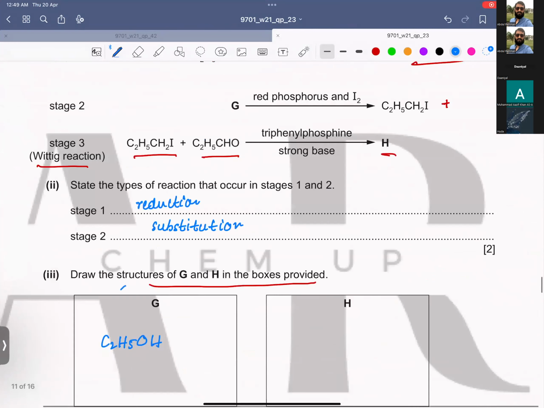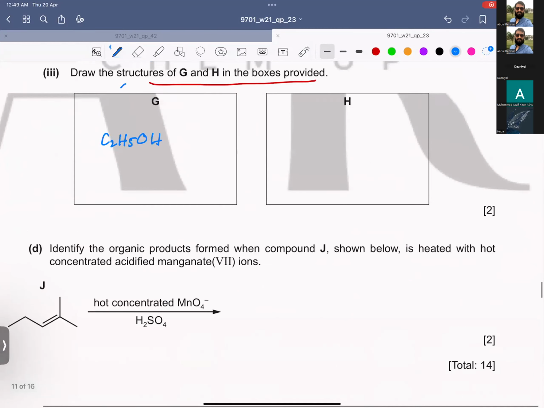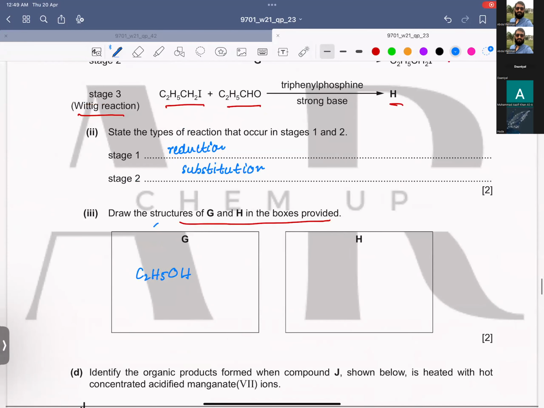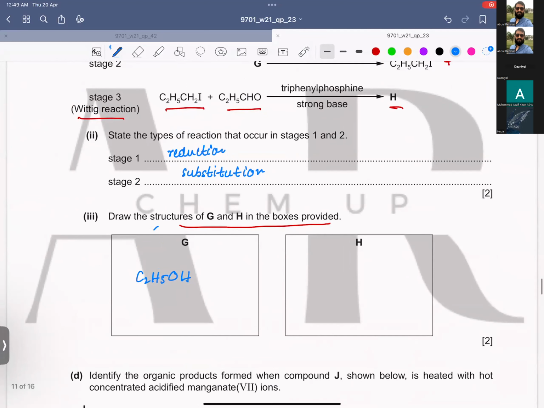So I have to do this thing only. I have CH2 bonded to iodine, and here I have an aldehyde. So in H, it can be C2H5.